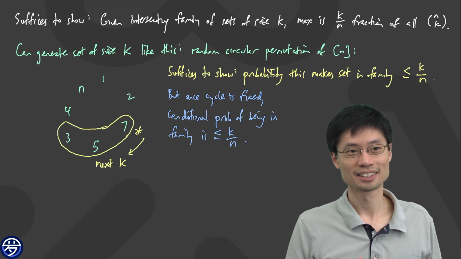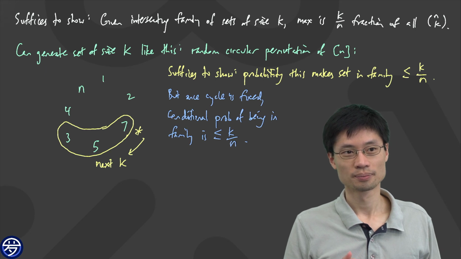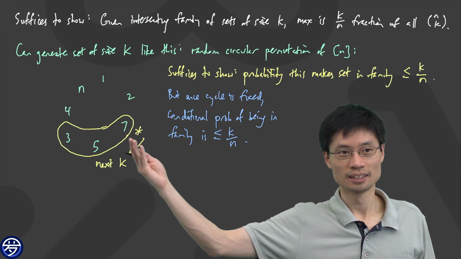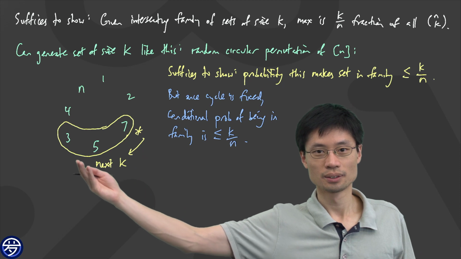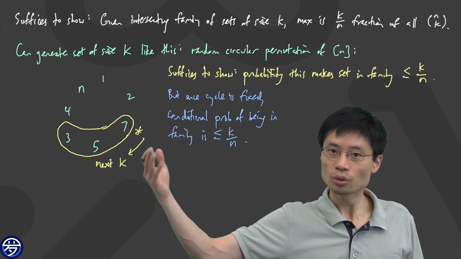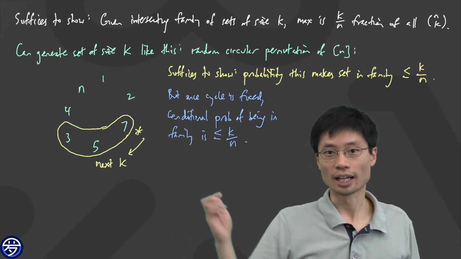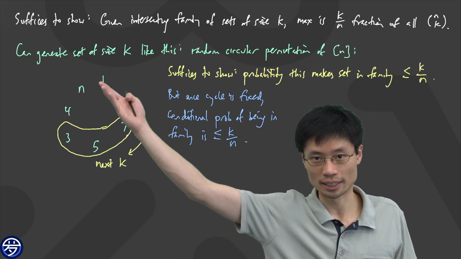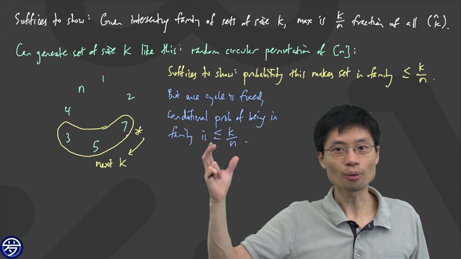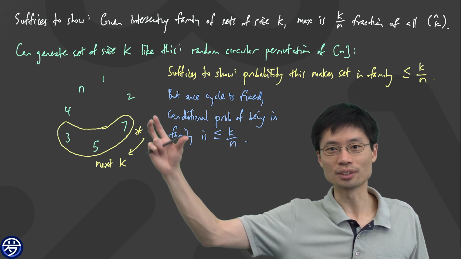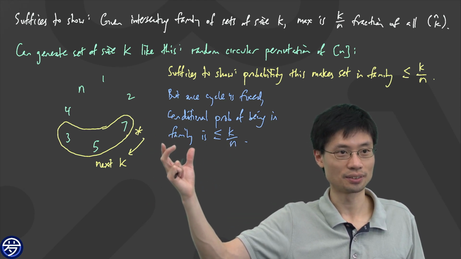Aditya. That's the probability of intersecting with that set. You could say that. I think the way I want to say it is, I've got this cycle. What's the most number of those things I can put down to intersect with each other?